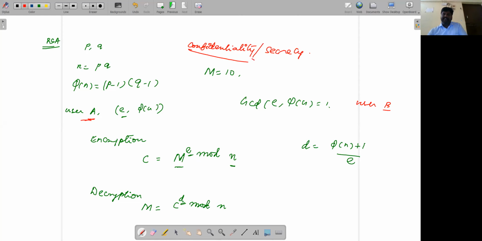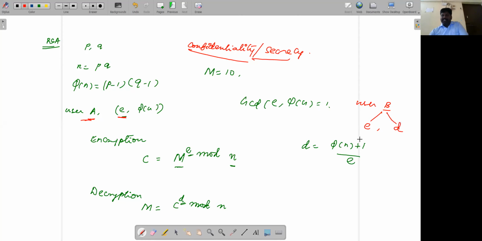Other than the intended receiver, no other person will be able to read the message. To do the encryption, the sender will use the receiver's public key, which is E, and the private key of B is D.